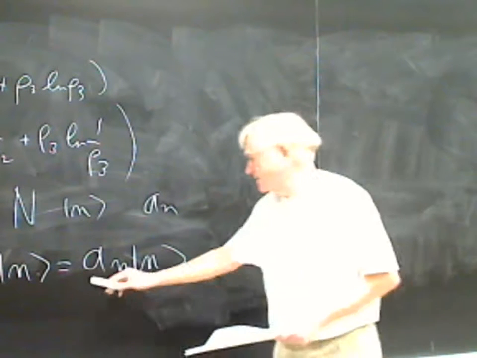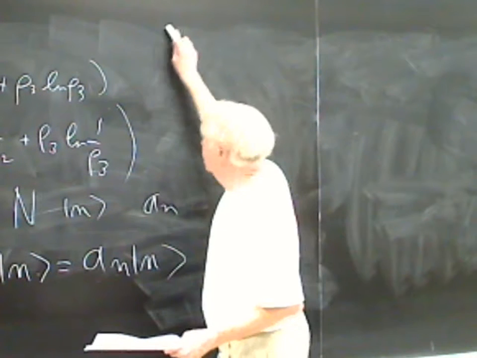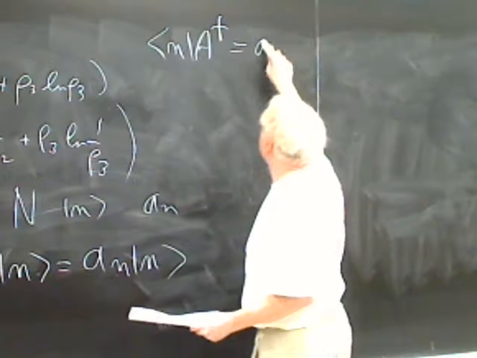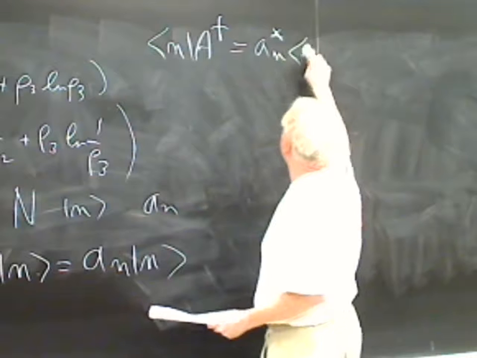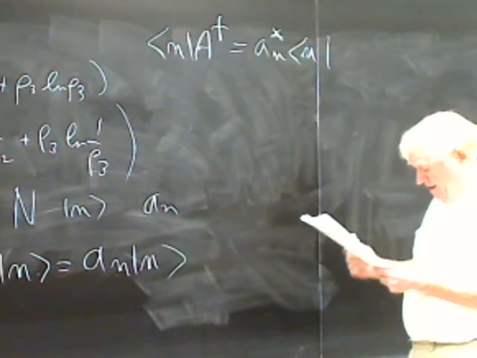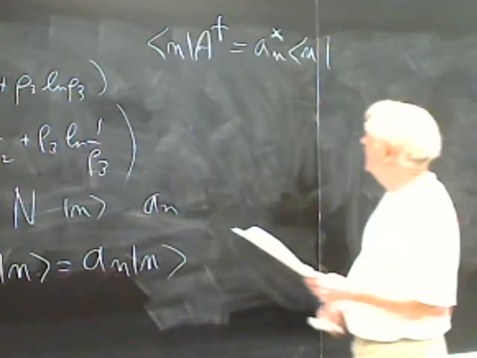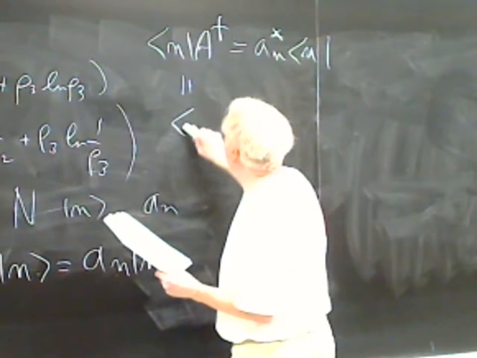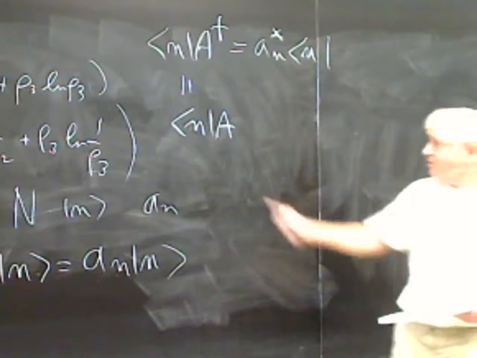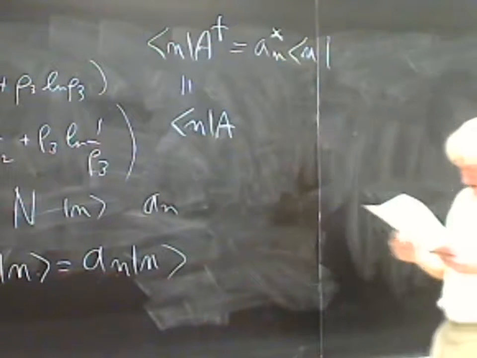Okay, well, let's take the Hermitian conjugate of that, and we'll get the equation <n|A† = a_n*<n|. On the other hand, this is equal to <n|A, because A is Hermitian. So we have <n|A = a_n*<n|.